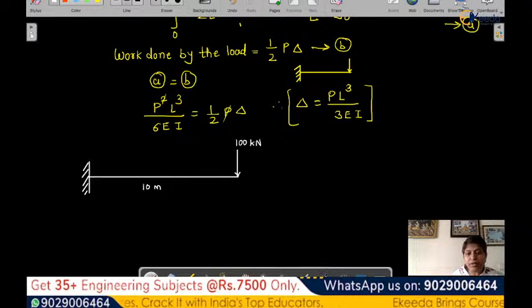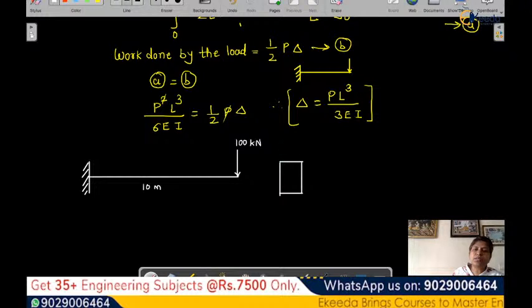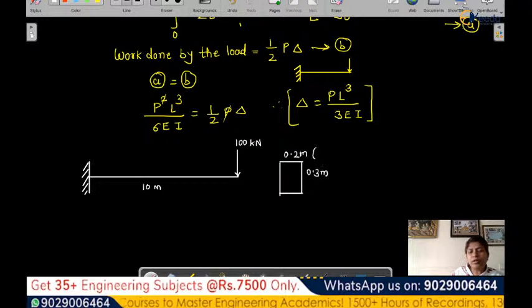There is a possibility that you may get a question where some cross section is given. In that case we also have to calculate what the I value is. Suppose we take an example where a cross section is given as 0.2 meter by 0.3 meter, or mostly in exams you will get it as 200 millimeter, meaning 20 centimeter, by 300 millimeter.